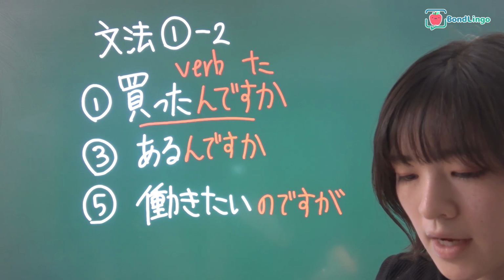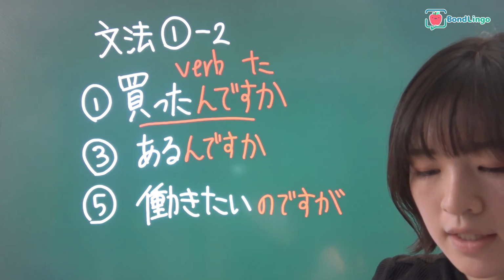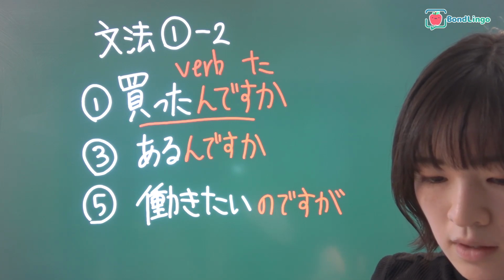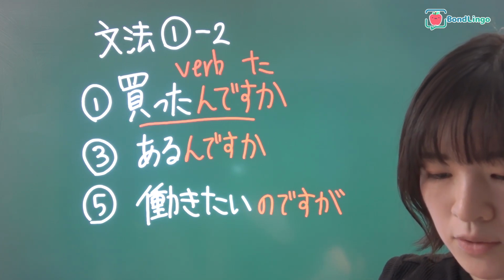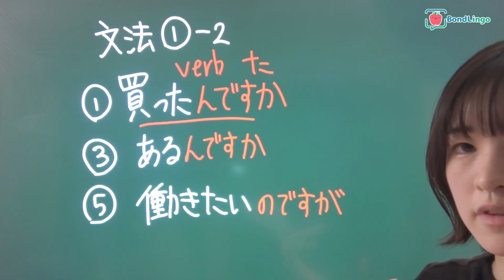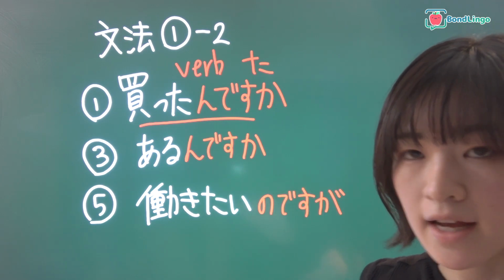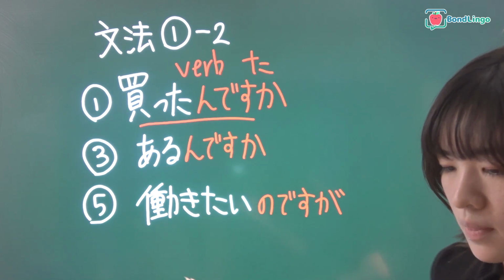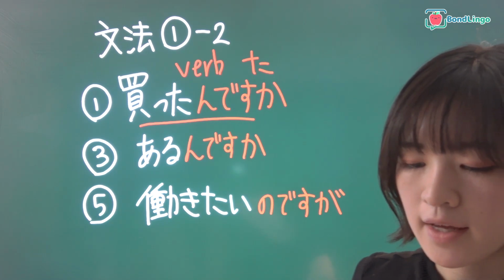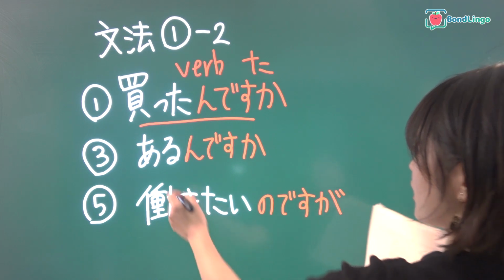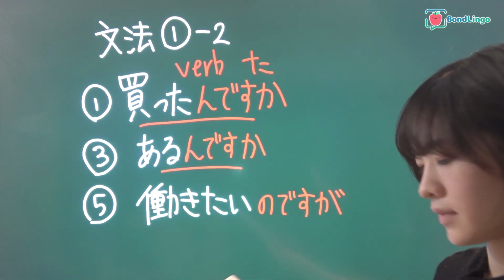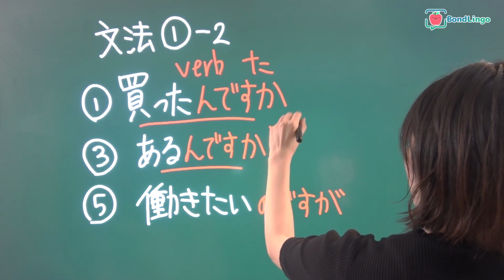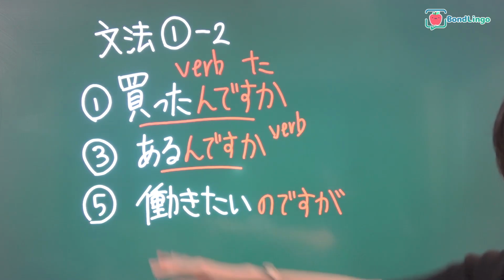And number 2, 学校の北側にあるコンビニですよ. So I bought it at the convenience store you can find on the north side of my school. 北側 is north side. Number 3, 毎日宿題があるんですか? Okay, ある, this is again a verb. あるんですか?